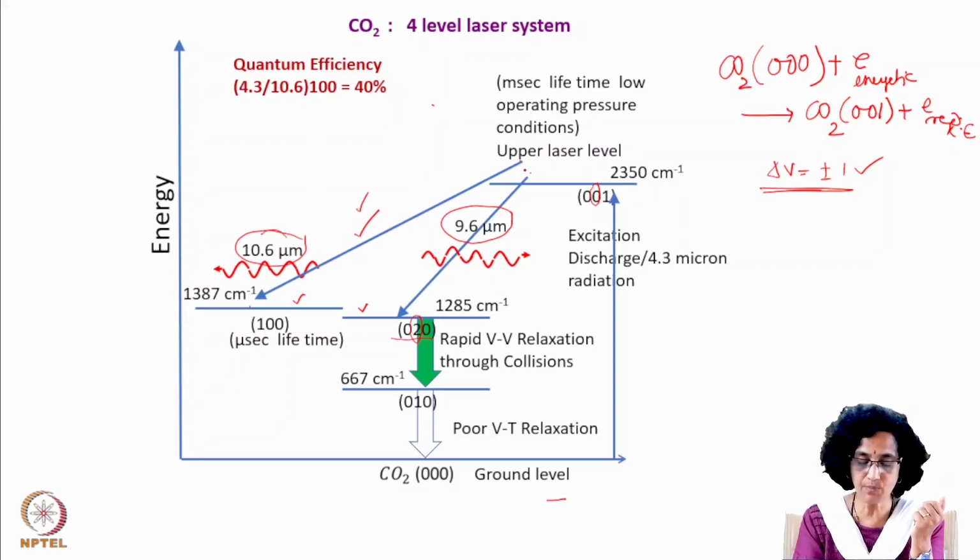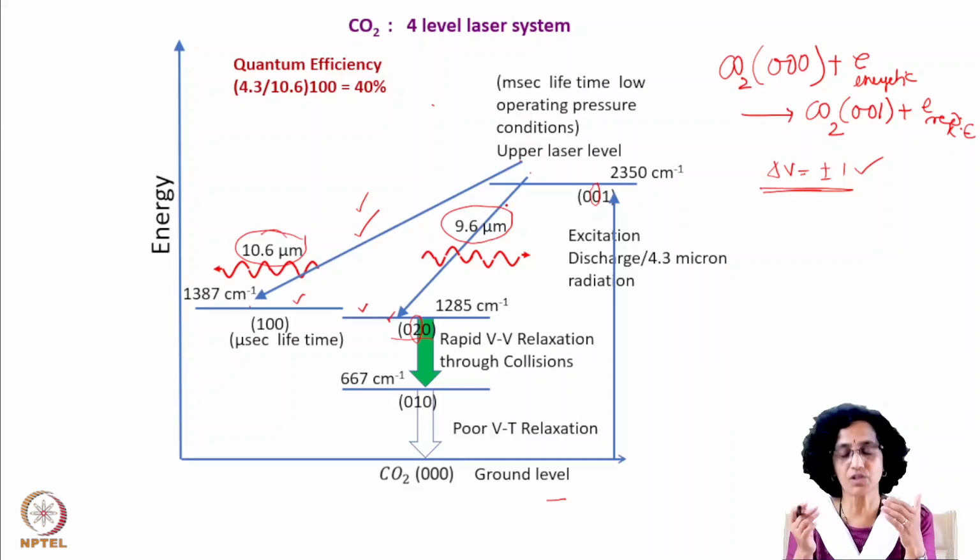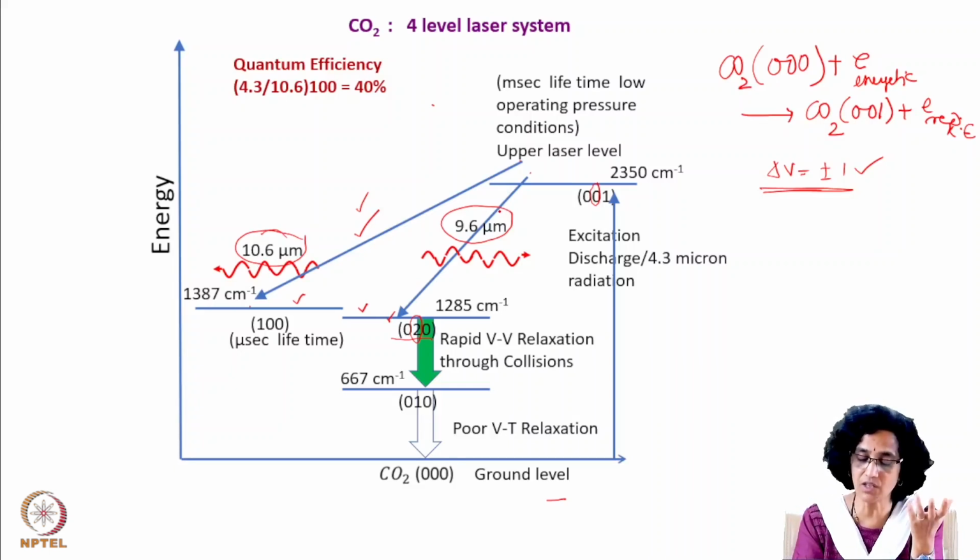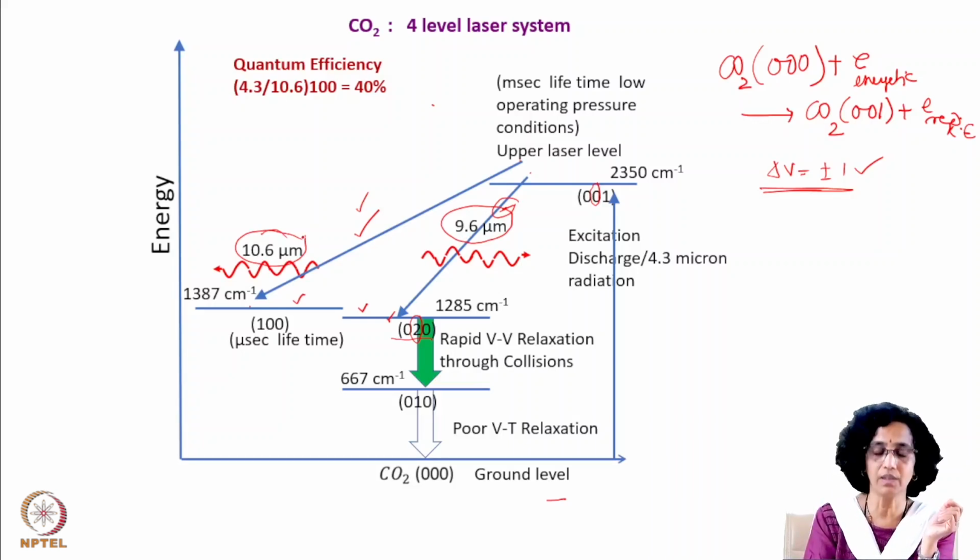The energy difference between this and this is such that when there is a transition, it gives rise to radiation with wavelength in the 9 micron region. 9.6 micron is the central wavelength in the 9 micron region, and therefore this is called the 9 micron band and this is called the 10 micron band.